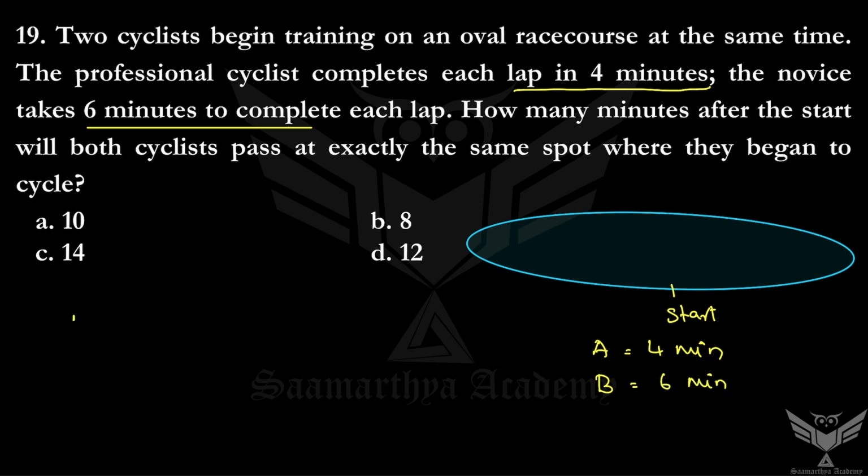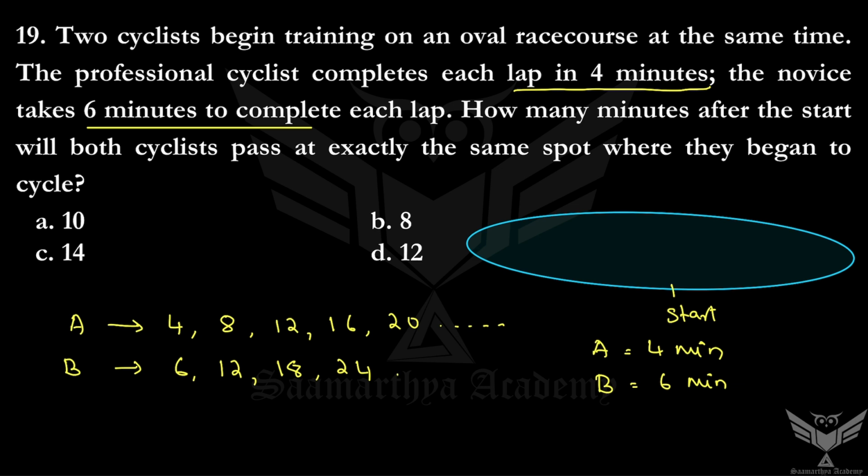That means A will come after every 4 minutes to the starting position. 4th minute he'll be there, 8th minute he'll be there, 12th minute he'll be there, 16th minute he'll be there, 20th minute he'll be there, and so on. Now, second person is coming to the starting point after every 6 minutes. 6th minute he'll be there, 12th minute, 18th minute, 24th minute, and so on.